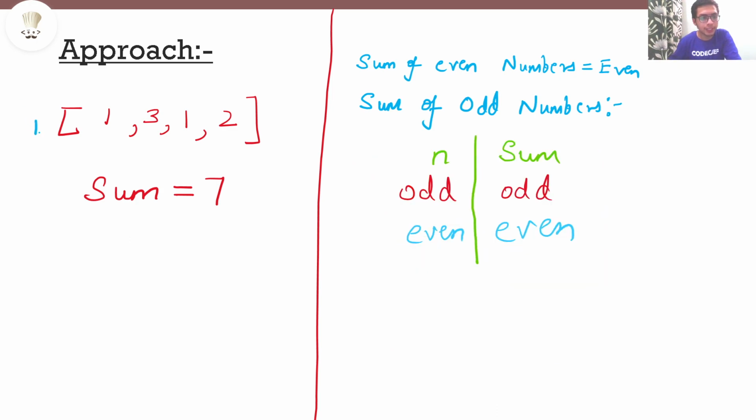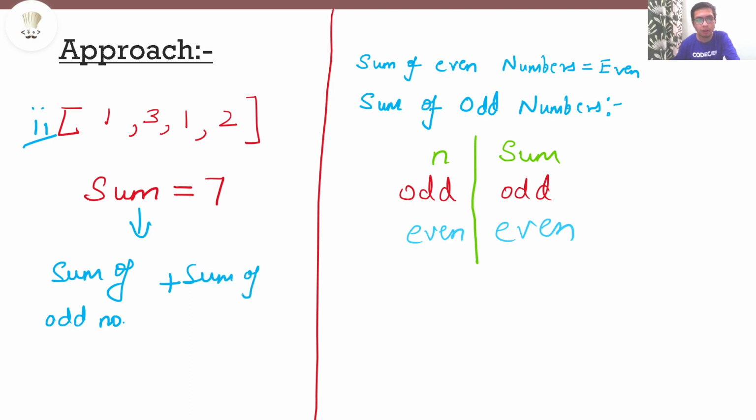Now let us move on to the second case. Here, firstly, I'll break the sum into two different parts, which is the sum of odd numbers plus the sum of even numbers present in the array. Now you can ask what if our array doesn't have any even number? Then in that case, the sum of even numbers would be 0.